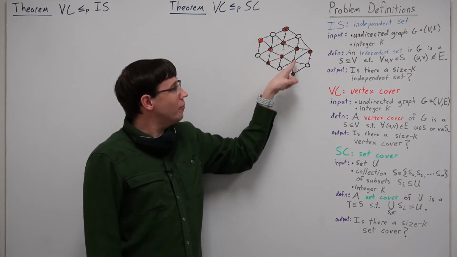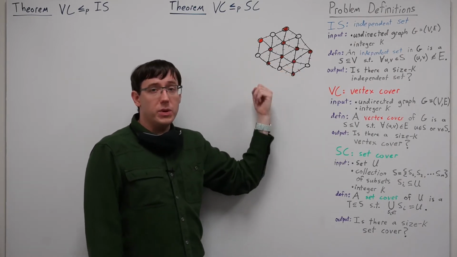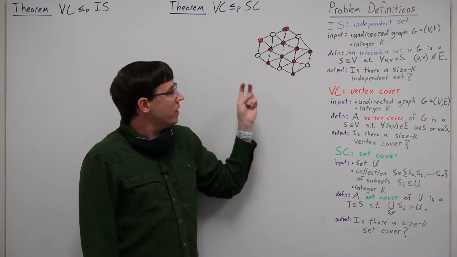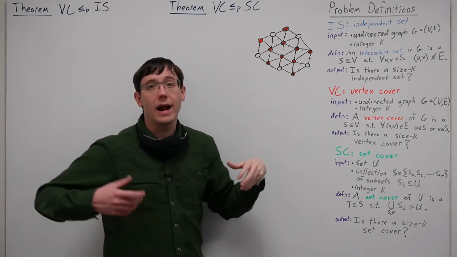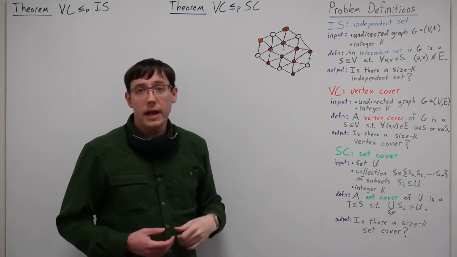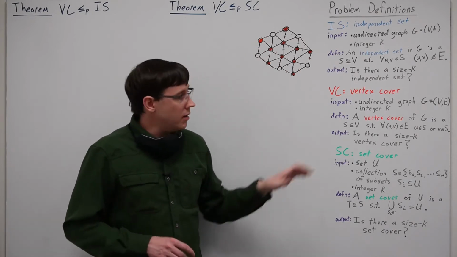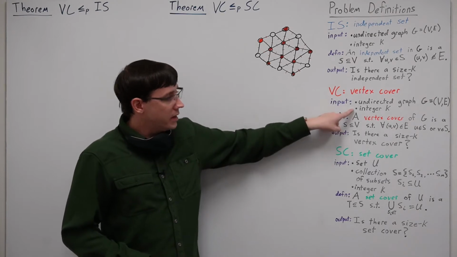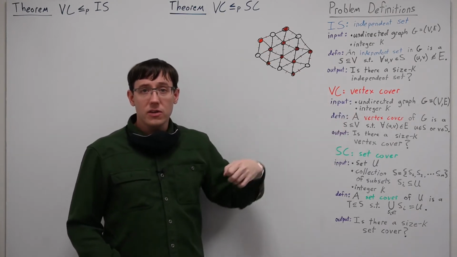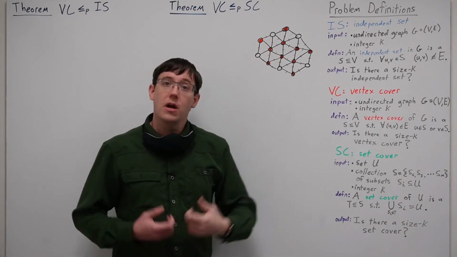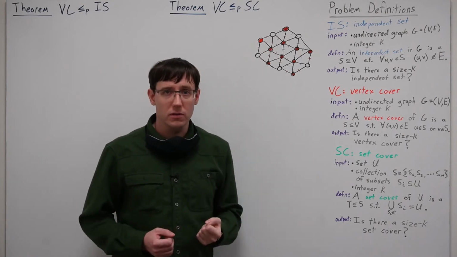It's okay to have both ends of an edge be in our subset, but we're not allowed to have any edges where both ends of the edge are outside of our set. And so the decision version of the vertex cover problem gives us an integer k and asks, is there a vertex cover containing k vertices?